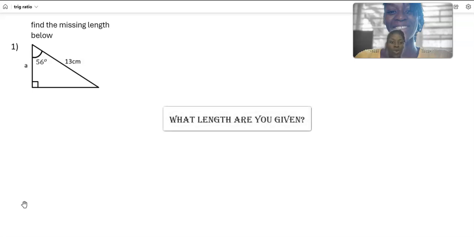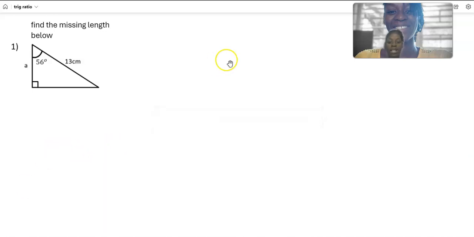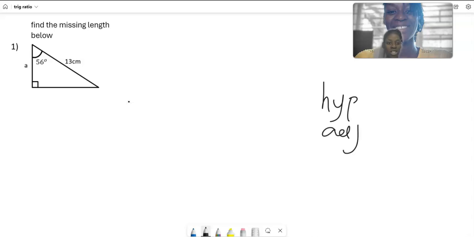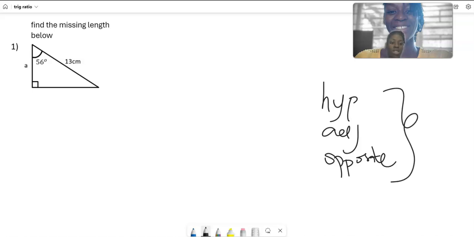What length were you given? 2. What length are you being asked for? And when we speak of length, we are talking about: is it the hypotenuse, is it the adjacent side, or is it the side opposite to the angle? So when you're answering these two questions, these are what you need to consider.